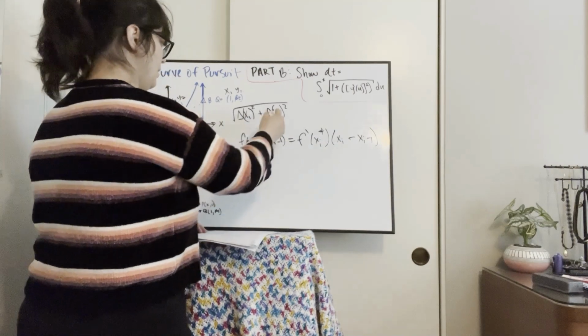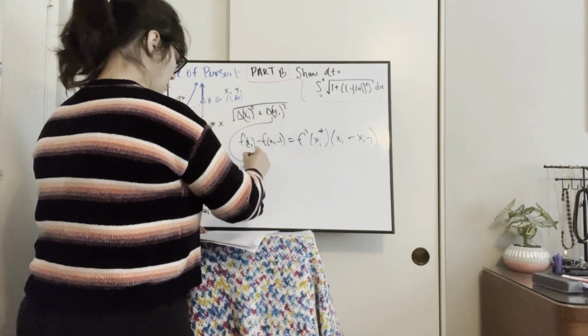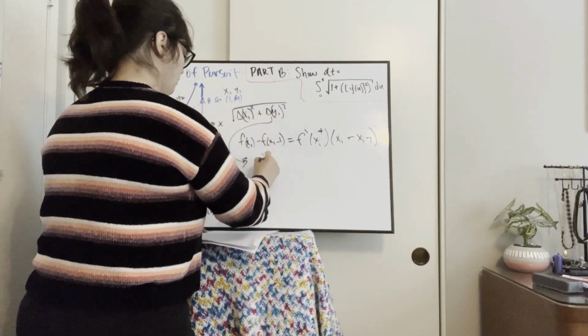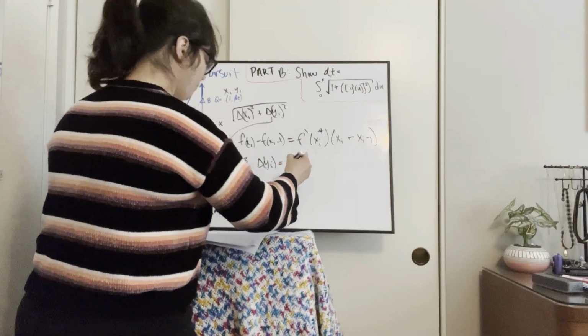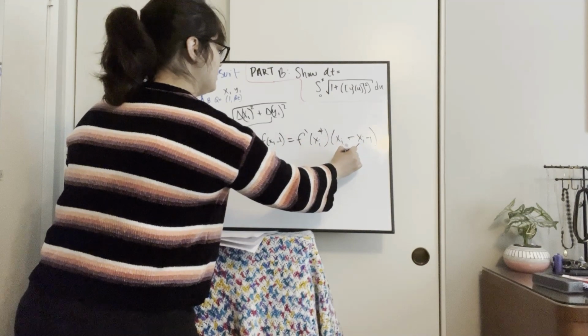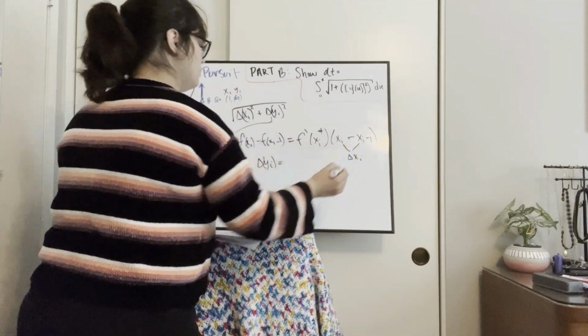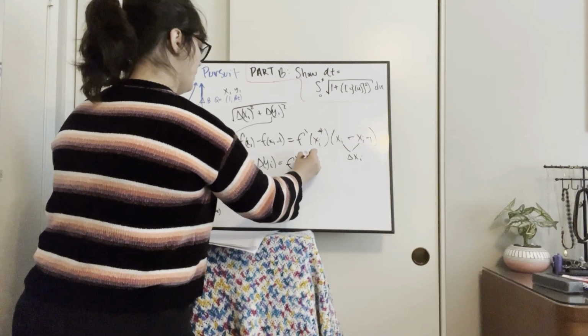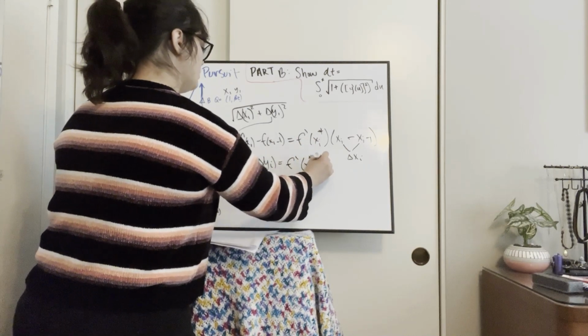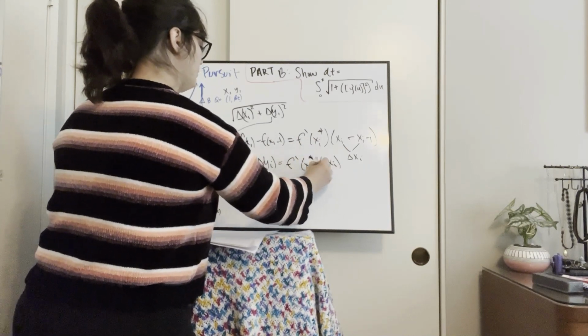So that's going to make this one equal to the change in y, and this is also equal to the change in x here. So we're going to have f prime of x sub i star times the change in x sub i. All right.